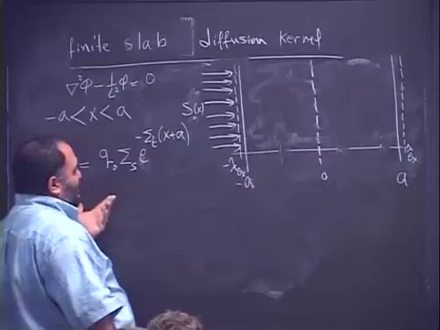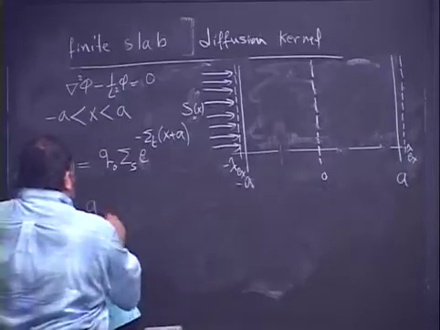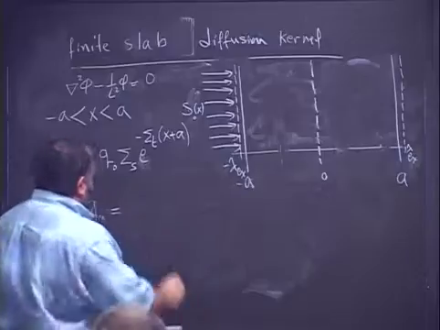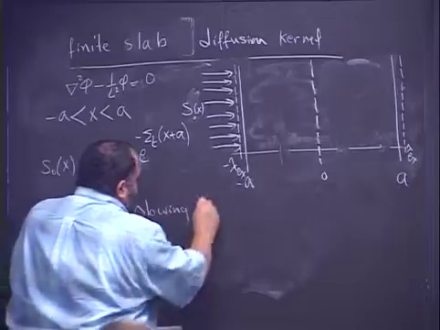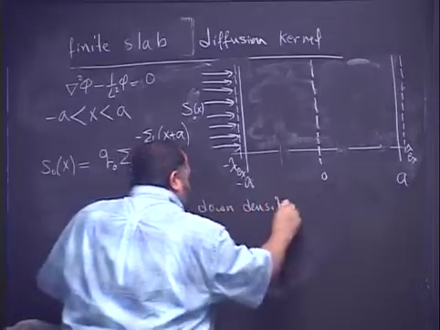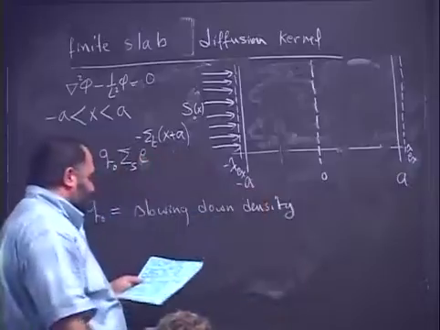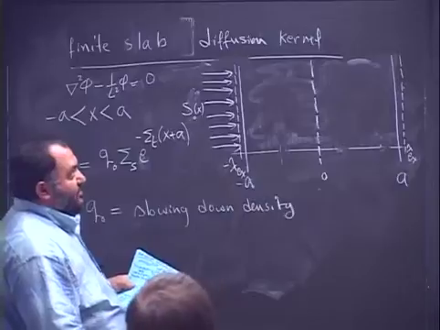Sigma scattering is the scattering cross section. Q naught is the first thing here that needs to be defined. You did not take it before, and this is called the slowing down density. And we will be discussing what we mean by slowing down density in, I think, the next chapter.